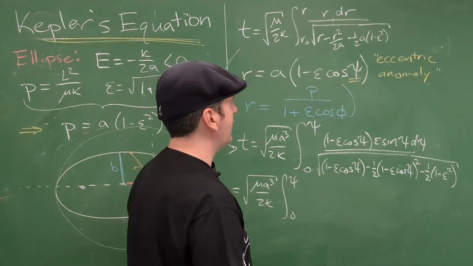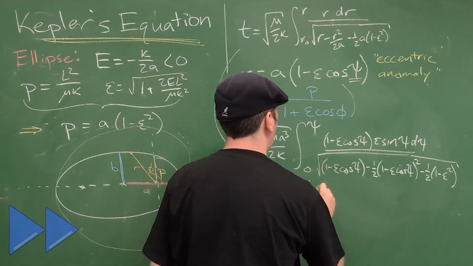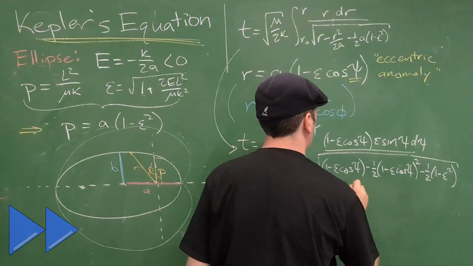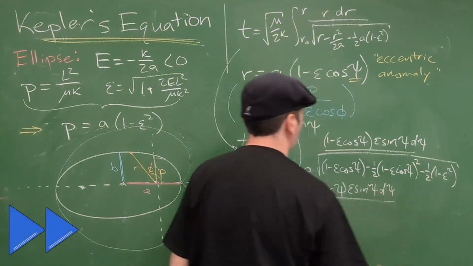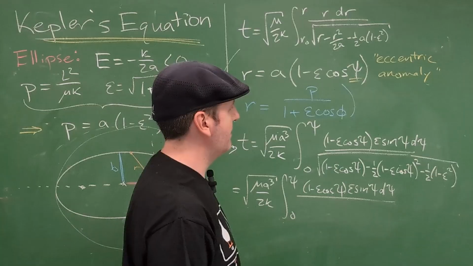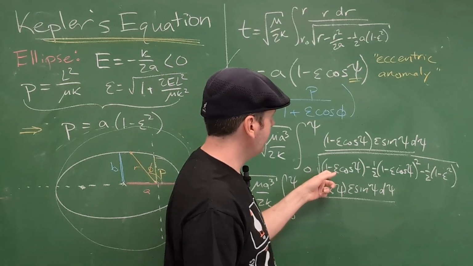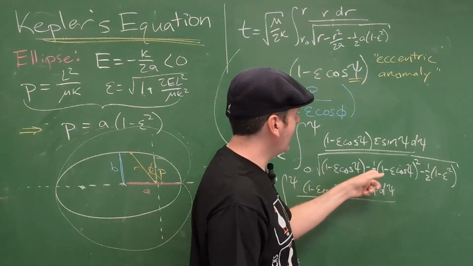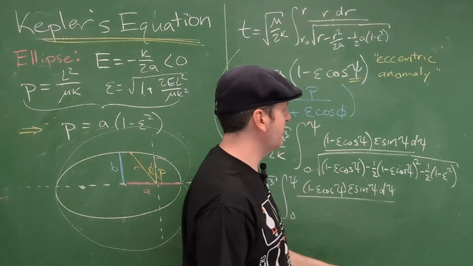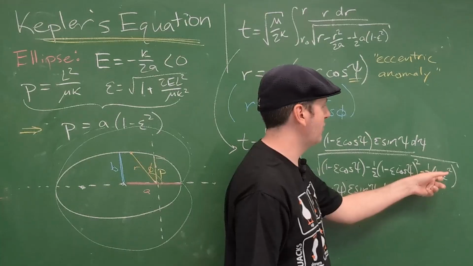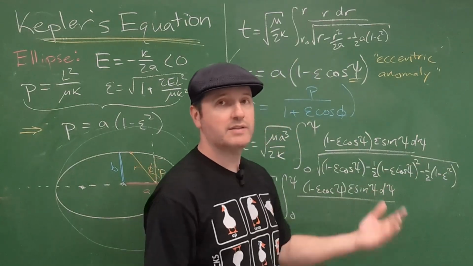I'm going to leave the numerator as is. But I'm going to try to expand out the denominator. Okay, I've got a 1 from this term. I have a minus 1/2 times a 1 squared from this term, and minus another 1/2 times a 1 from this term. So 1 minus 1/2 minus 1/2 is 0.